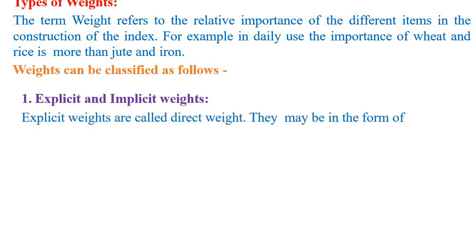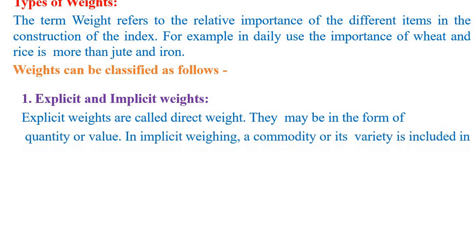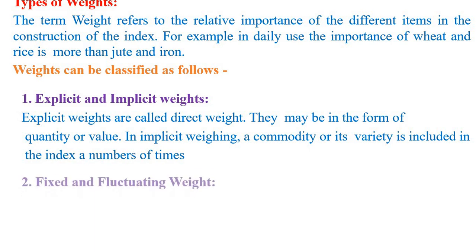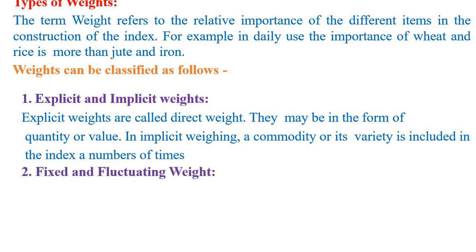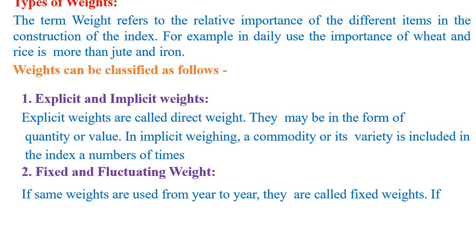What is explicit or direct weight? They are in the form of quantity or value. Implicit means the commodity basis or its validity is included in the index. This is the difference between explicit and implicit. Fixed and fluctuating weight: if the same weights are used from year to year, it's called fixed weight.